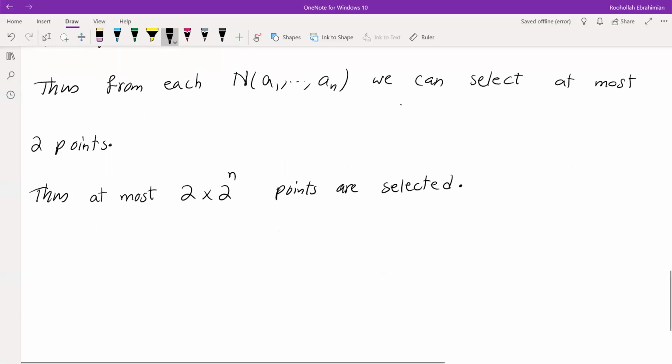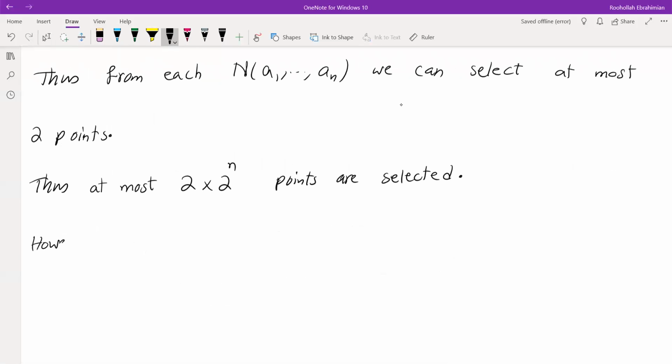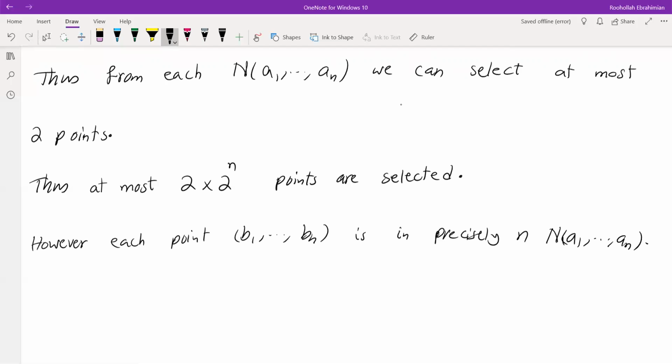However, each point B1 through Bn is in precisely n neighbors of A1 through AN.